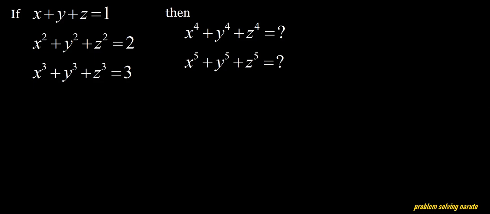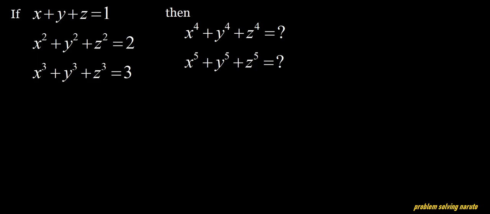So the first impression of this problem is that somehow you need to express higher powers in terms of lower powers. Of course, if we can actually find out the values of x, y, z, then we can just plug it in. But usually in a competition problem, the answer is quite ugly.